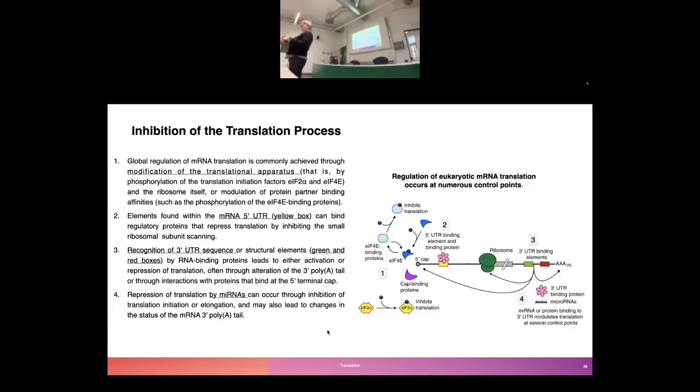One type of RNA is slowed down, or it can even lead to the degradation of those mRNA, so they're not available anymore for translation. So that's specific for a specific type of protein.